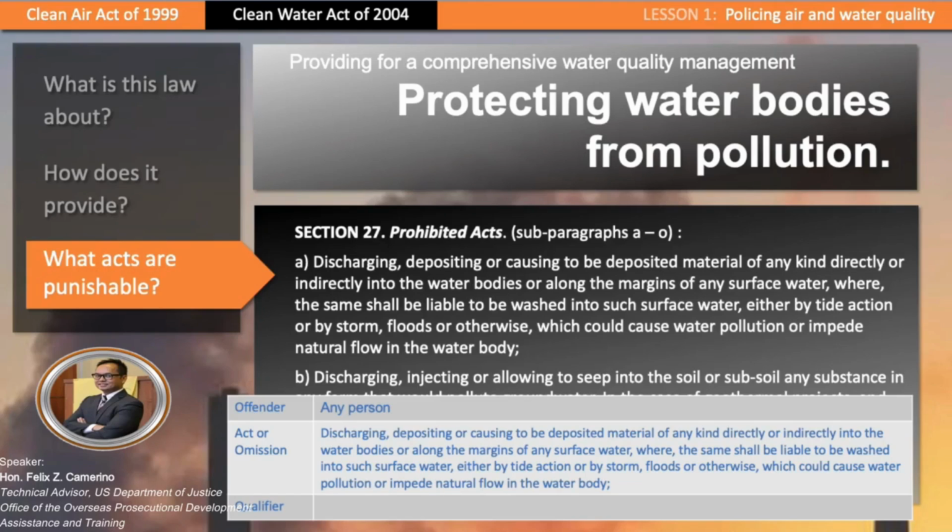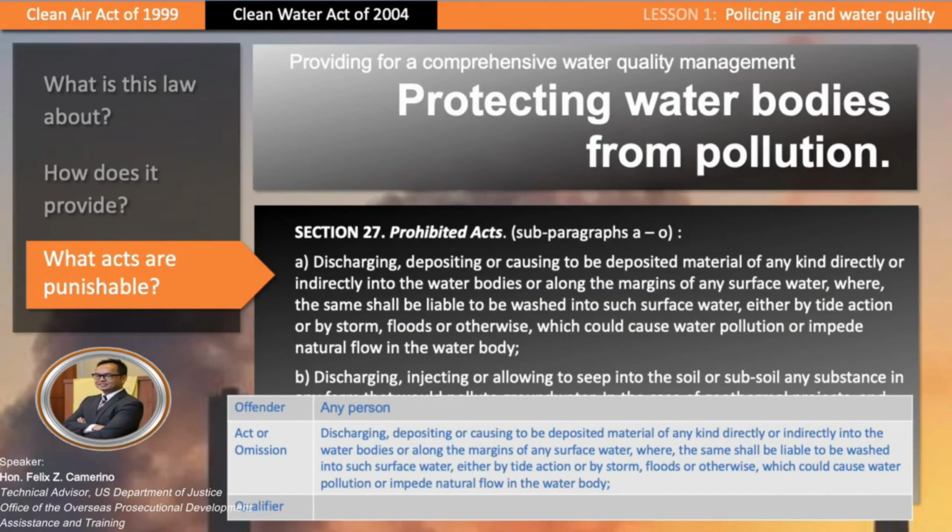Now, if you read that, it would not be immediately obvious to you that there's a qualifier. Because, as in the past, the qualifiers have been, actually, you know what? This one doesn't have a qualifier. I'm talking about the second one. I apologize. This one is really easy because pretty much the entire paragraph is the act itself. So there's nothing more you need to do but just to understand it.